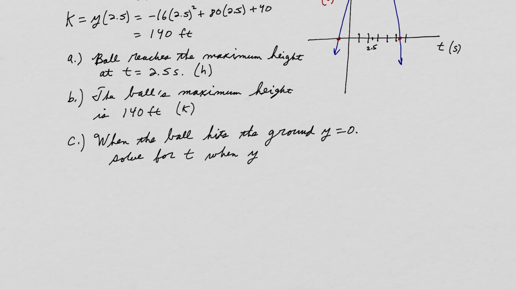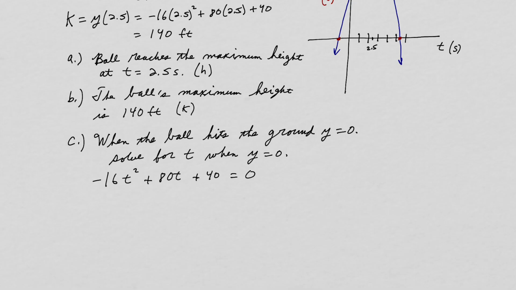We're going to set y equal to 0 and solve for t. So that equation is negative 16t squared plus 80t plus 40 is equal to 0. All right, this is a quadratic equation in terms of t, and we can solve it. It doesn't look like we can easily factor this, so we'll probably have to use the quadratic formula to solve it. So let's do that.